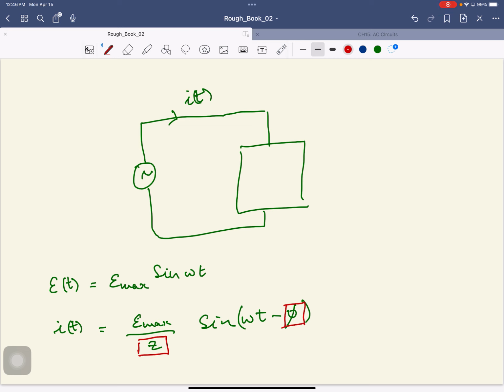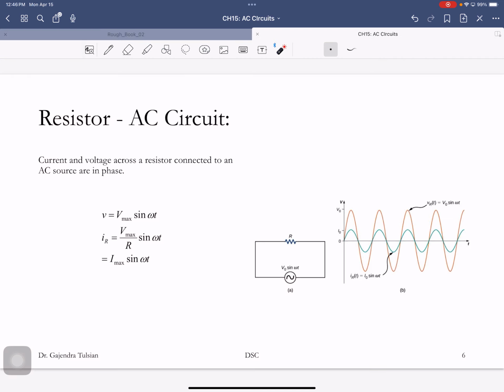For the first black box, we're just going to connect a resistor, the simplest possible element. So we're going to connect a resistor to our AC source. Again, we get all our results by applying Kirchhoff's loop rule.